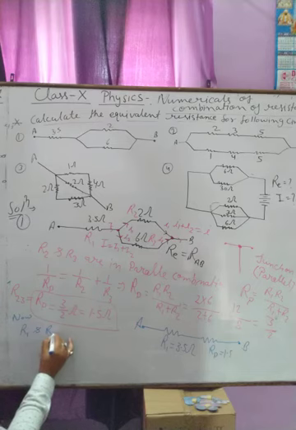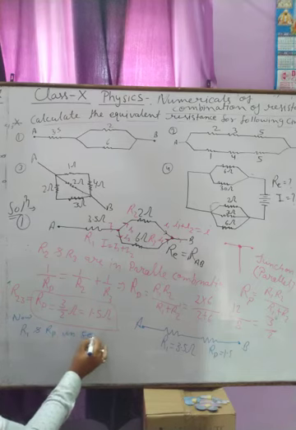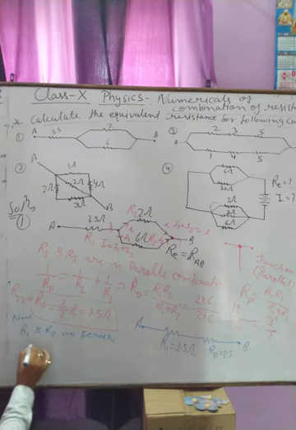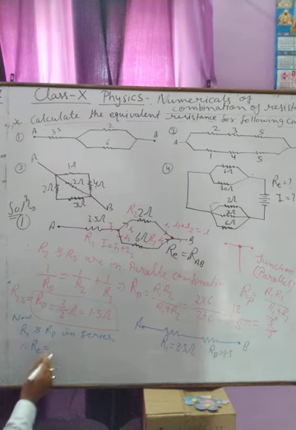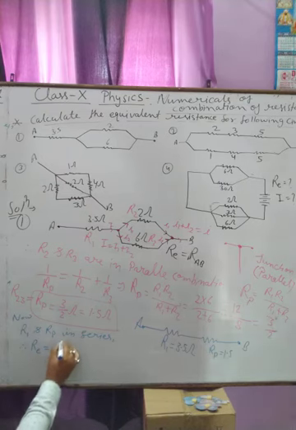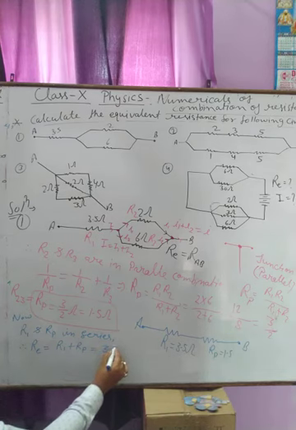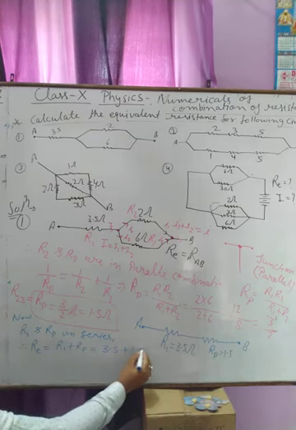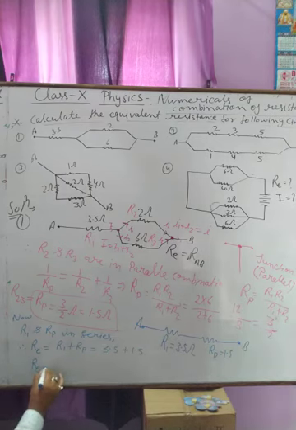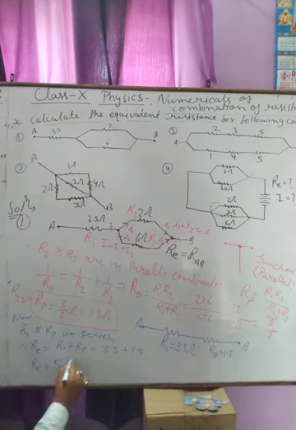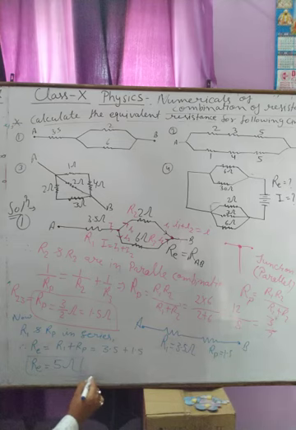R1 and Rp are in series, therefore R equivalent, which we can call RAB, is R1 plus Rp, that is 3.5 plus 1.5, which is Re equal to 5 ohm. This is the first answer. Copy this.